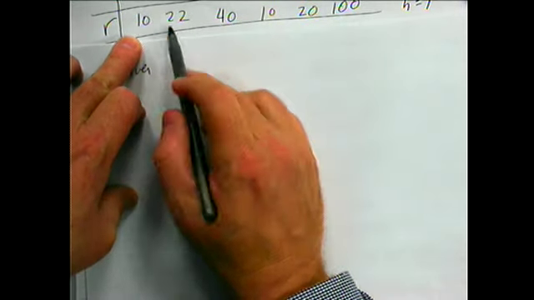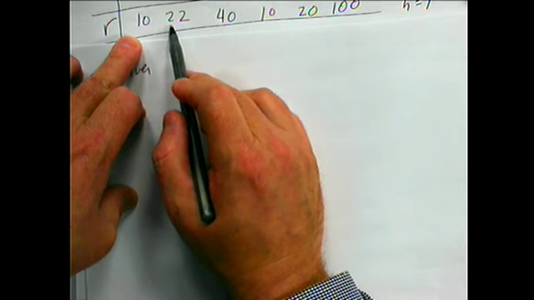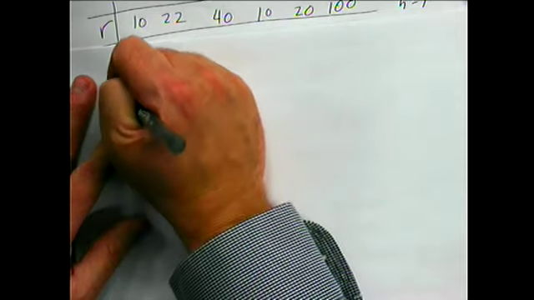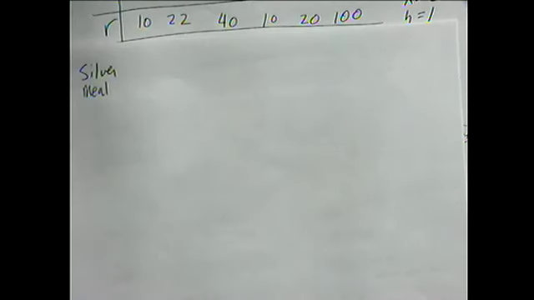So 10 plus 22 would be 32 plus 40. Let's get this right. 10 plus 22 plus 40 plus 10 plus 20.